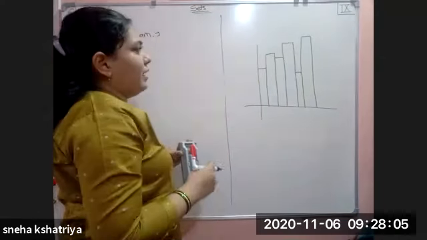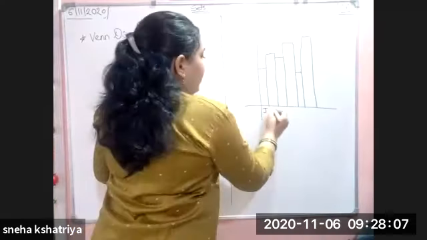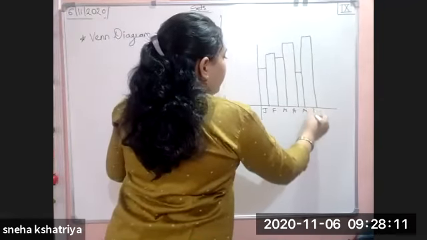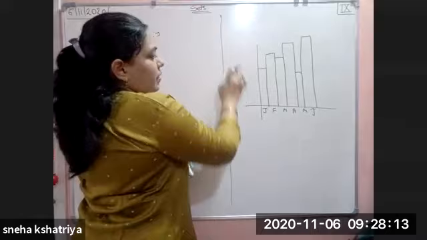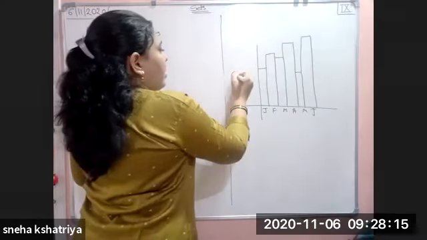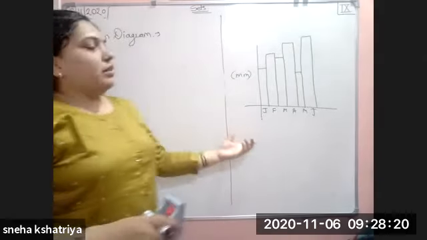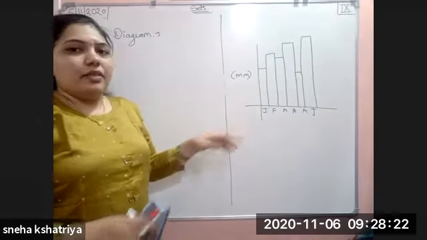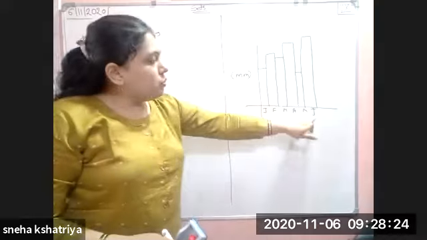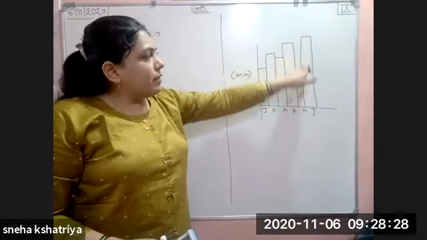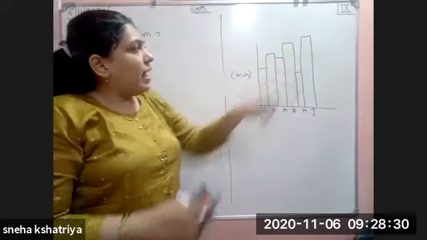So if we consider it like this, with Jan, Feb, March, April, May, June as the months, and this is the rainfall in millimeter, then we can say in which month the maximum rainfall is there. Here, in June there is the maximum rainfall, because the bar is very high.